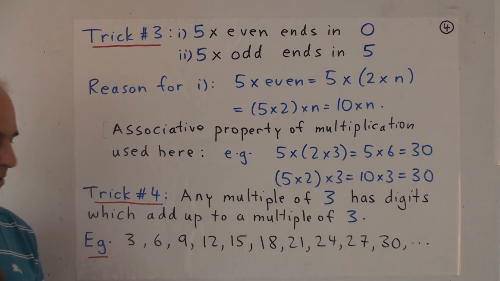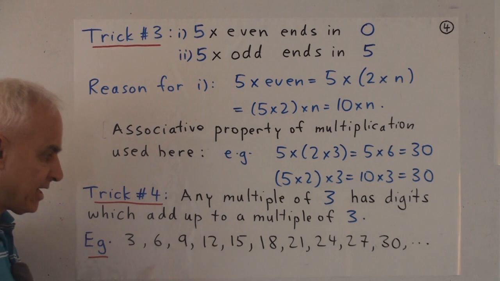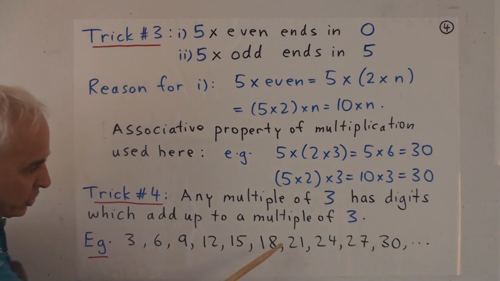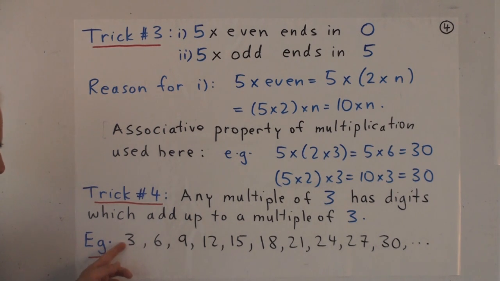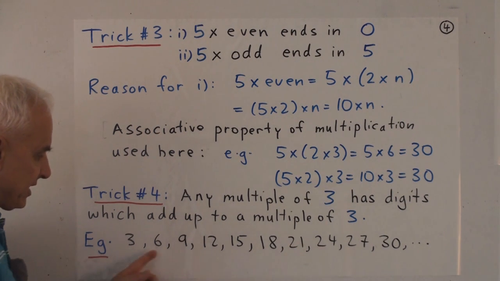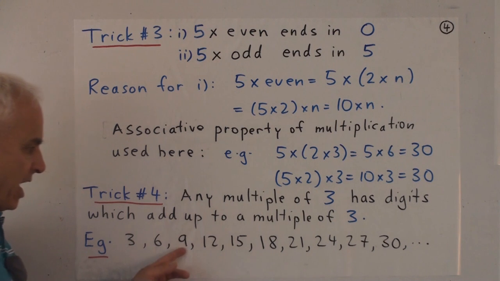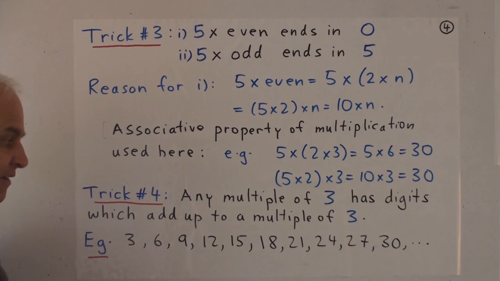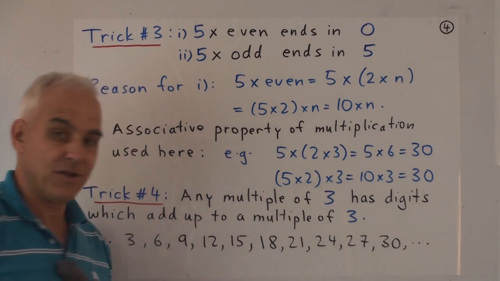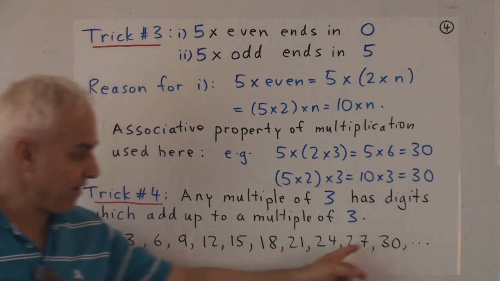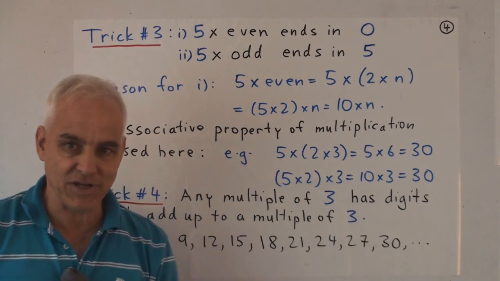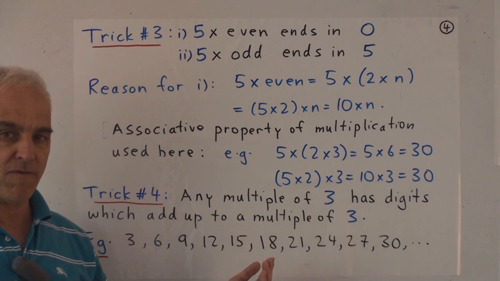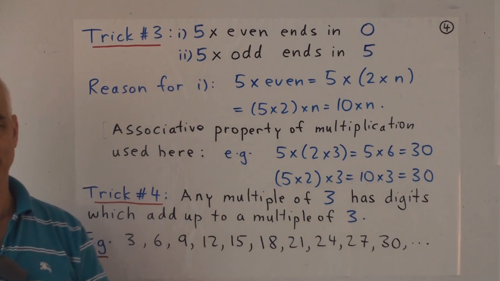Yes, that's another multiple of 3. 1 plus 8 is 9, which is a multiple of 3. 2 plus 1 is 3 again. 2 plus 4 is 6. 2 plus 7 is 9. 3 plus 0 is 3. In fact, if you kept on going, you can try. Keep on adding 3, and then adding up the digits, you will get another multiple of 3.